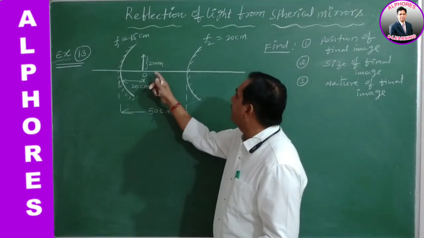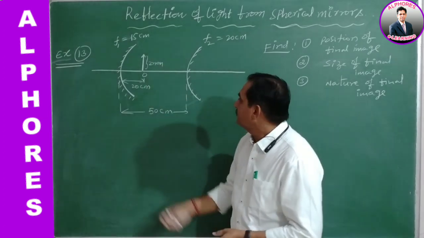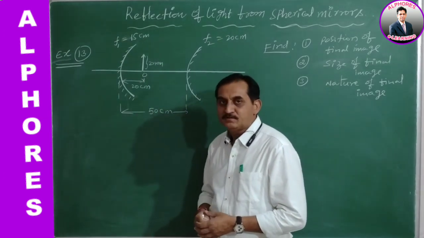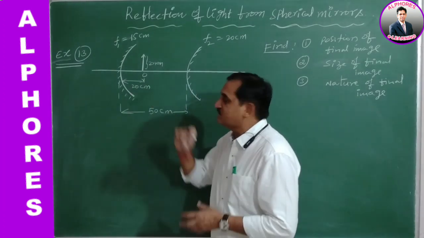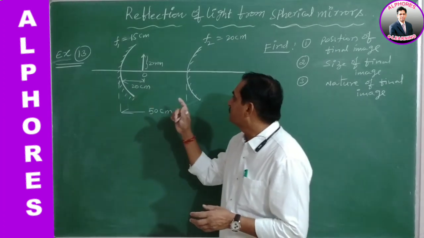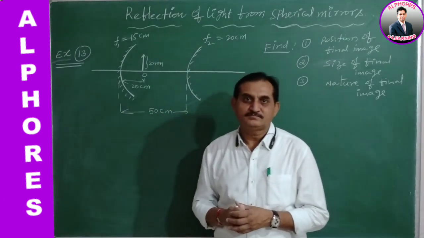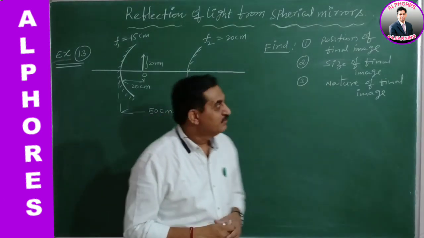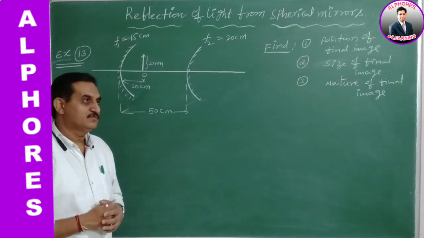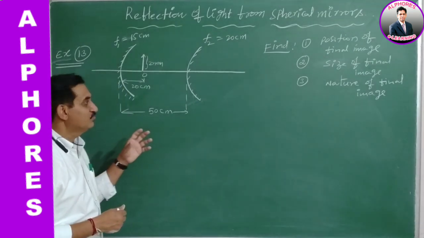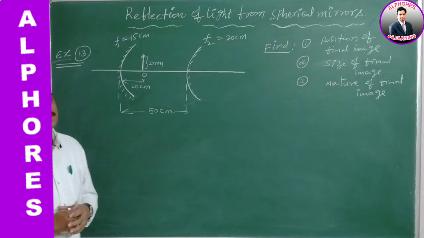An object of height 2 millimeters is kept in between the two spherical mirrors at a distance of 20 centimeters from the concave mirror. Find the position of the final image formed by these two mirrors after reflection.